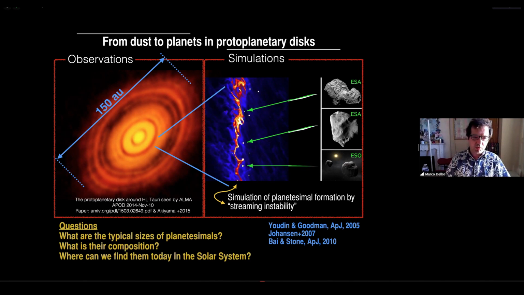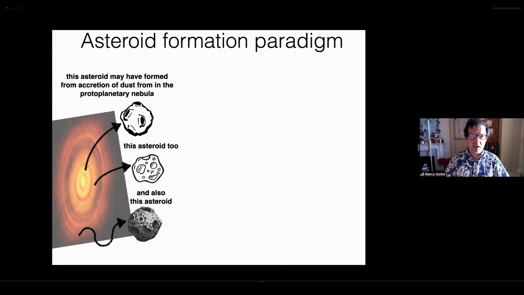To see how this works, I would like to introduce the asteroid formation paradigm, which is basically telling us that some of the asteroids in the main belt that we see today formed directly from accretion of dust in the protoplanetary nebula.